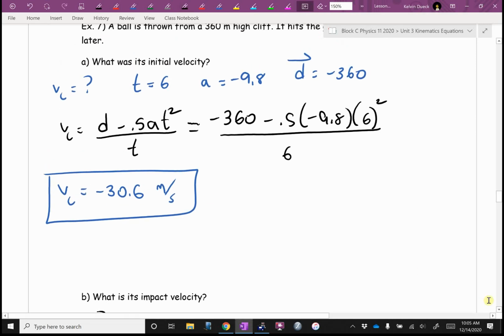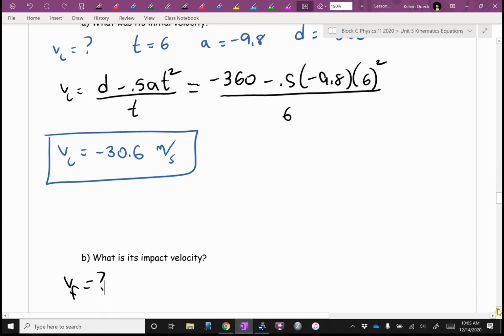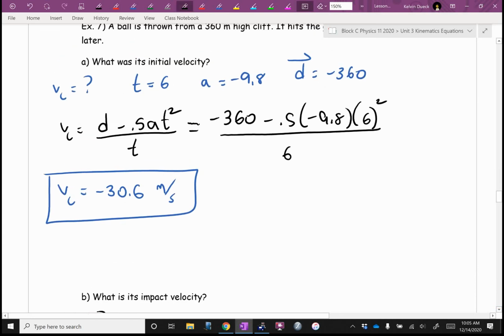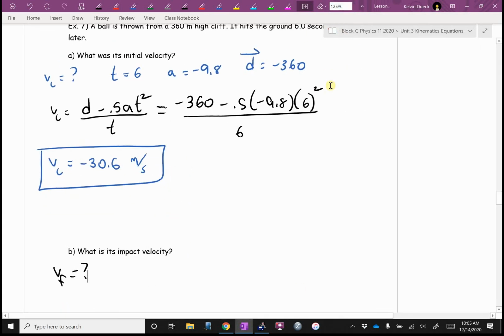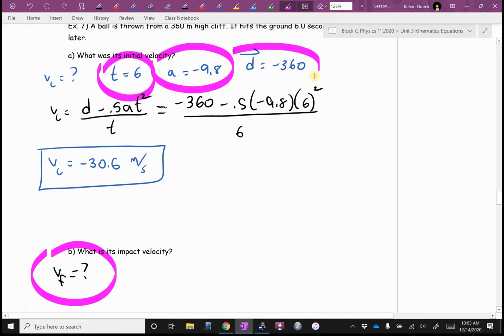If I look for an equation that has a VF, a T, an A, and a D, there is none. There is no equation. I'm going to have to use my answer from part A to find my answer for B.